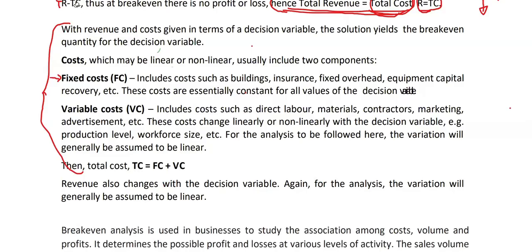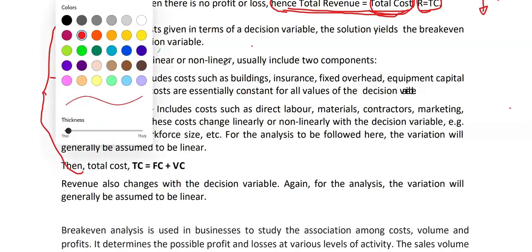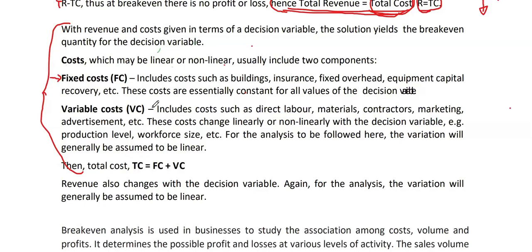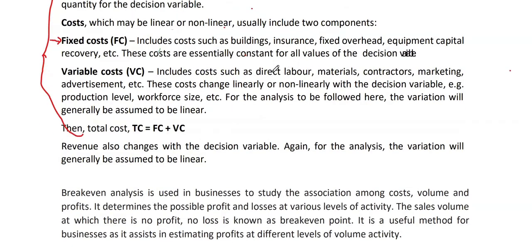And then you have variable costs, which is the other component of total costs. Variable costs are costs that vary directly with the level of production. So we say these costs change linearly or non-linearly with the decision variable, example, production level or workforce size.